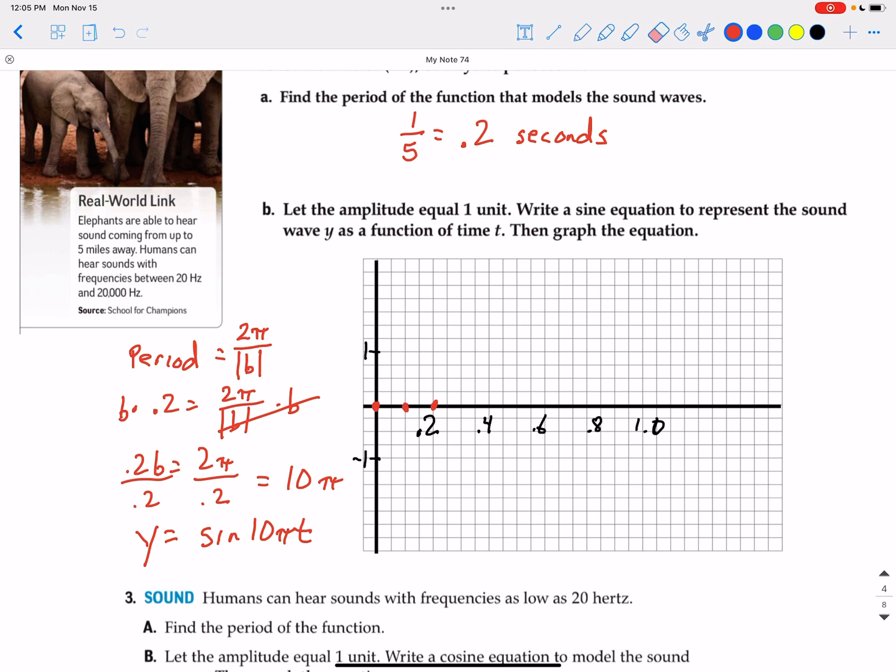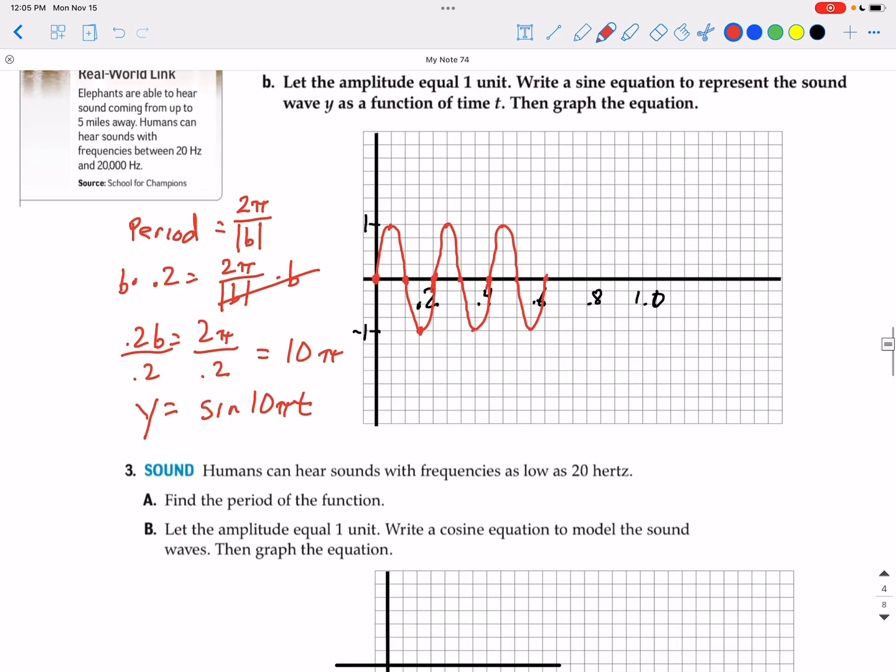Here's the high point, here's the low point. So this is 1 full period. And then it'll repeat again at 0.4 seconds if I want to draw another cycle. So here's a second period or second cycle, and so on and so forth. And I can choose to do this as many times as I want. And there is a sound wave representing the sound that an elephant can hear.